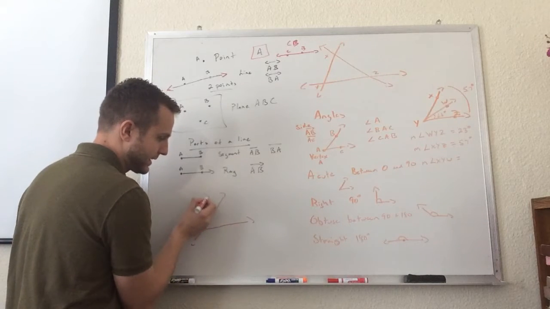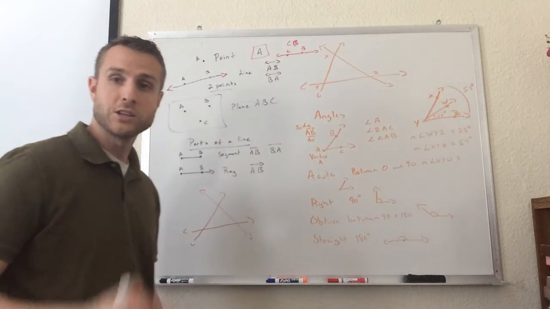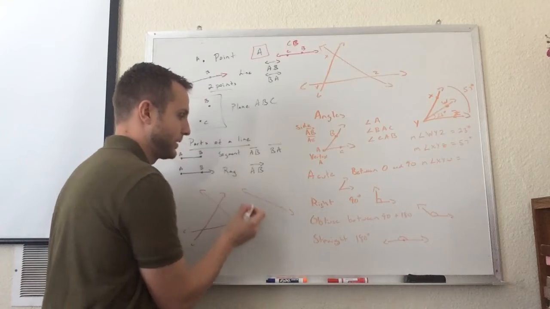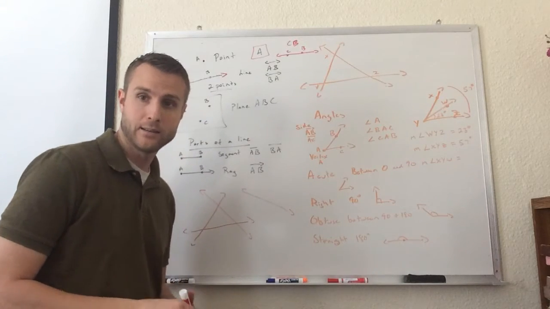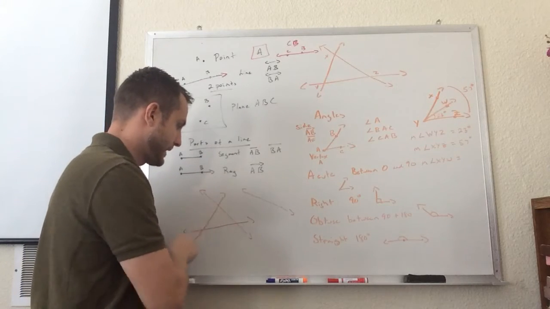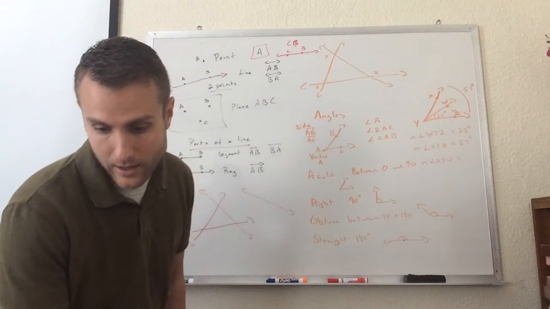And then I can also connect these 2 with a line. So if I have just 2 points, there's only one thing I can do. I can only draw one line. If I have 3 points that are not on the same line, one of the points is on a different line, then I can actually draw 3 different lines with those 3 points.